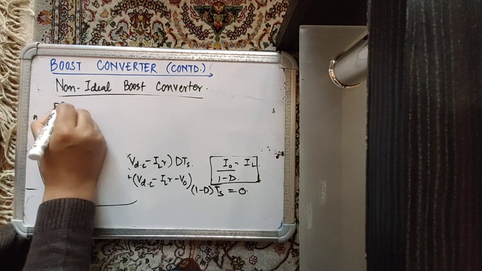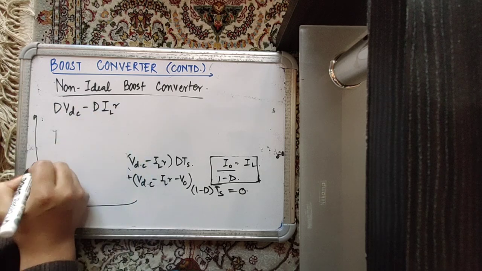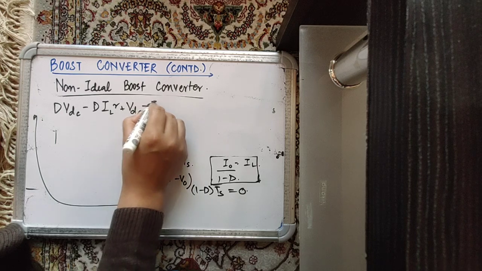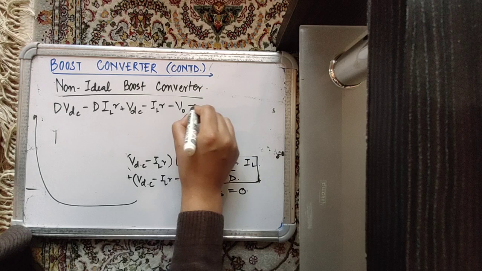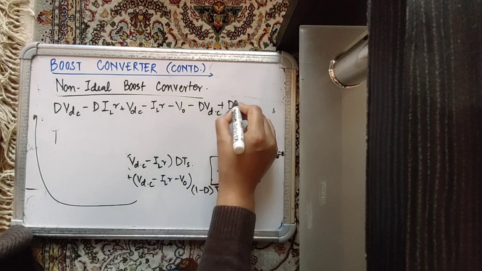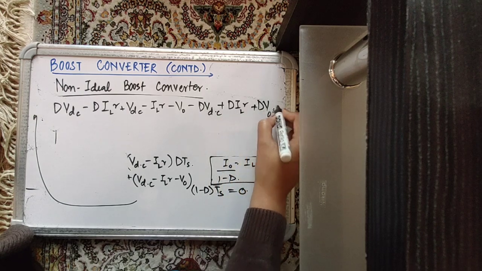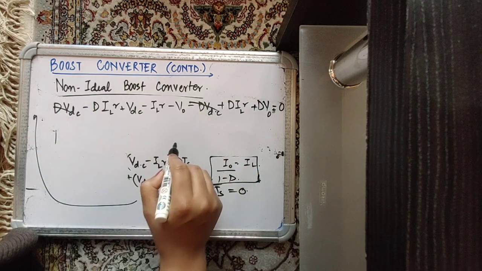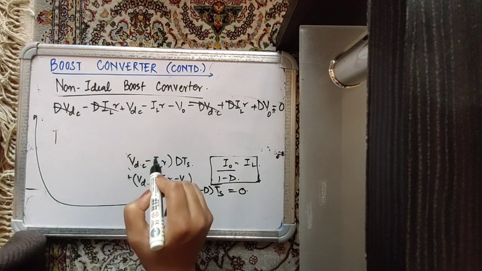I have D VDC minus D IL R plus VDC minus IL R minus V naught minus D VDC plus D IL R plus D V naught is equal to 0. Let's see, this and this go. What else goes? Plus D IL R minus D IL R goes.